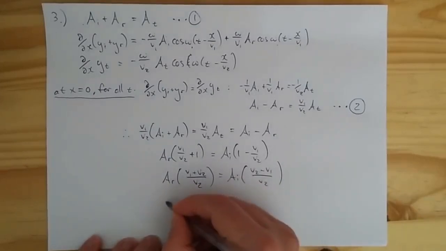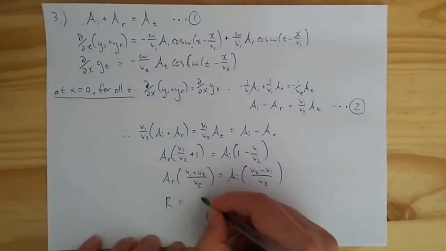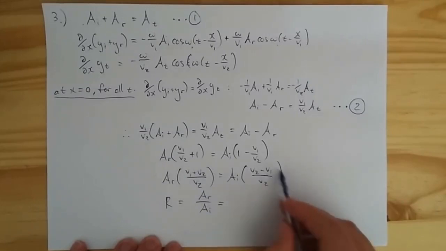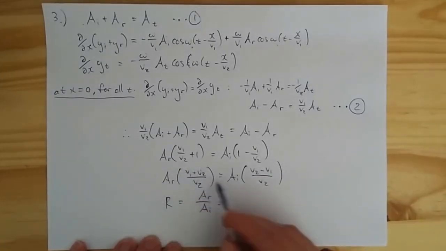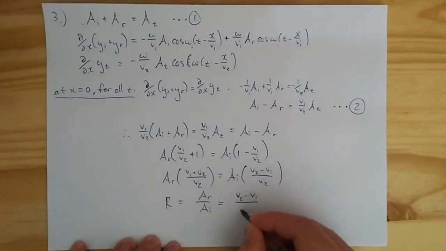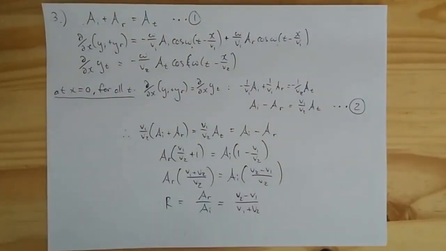So that is just the reflection coefficient. That's what I get when I divide by ai, and then that is equal to v2 minus v1 over v1 plus v2, which is exactly the expression that we were after.